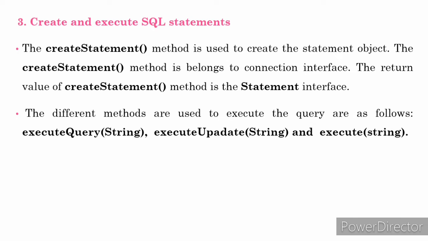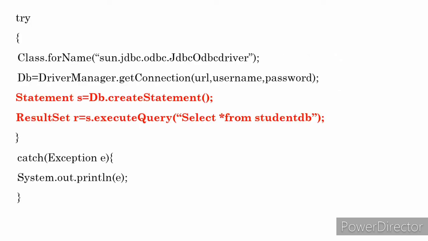We will use different methods to execute the query: executeQuery(String), executeUpdate(String), and execute(String). This string means we will pass the SQL statements here, for example executeQuery with select star from database. See here, this is the example program.